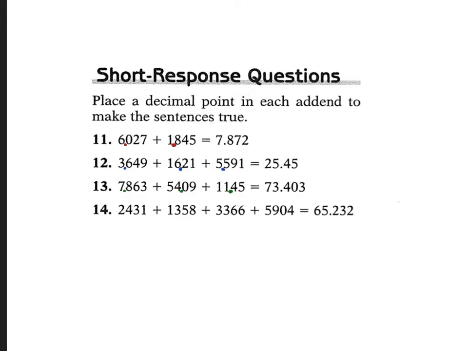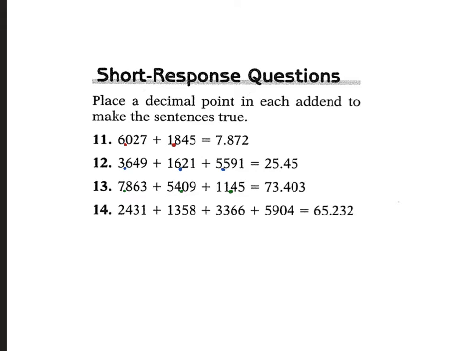We have 7.863 plus 54.09. That gives us 61.953. That's very close to what we're looking for. Just another tens that are off. If we add the 11.45, that gives us the 73.403.